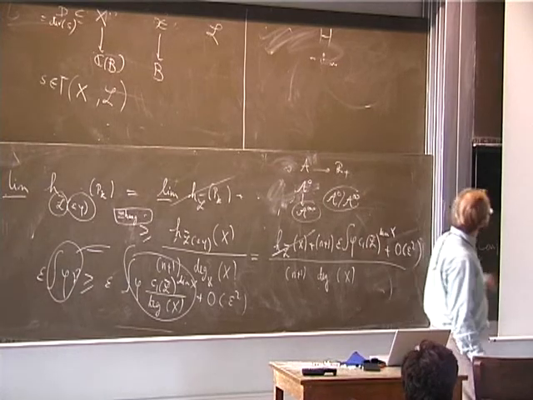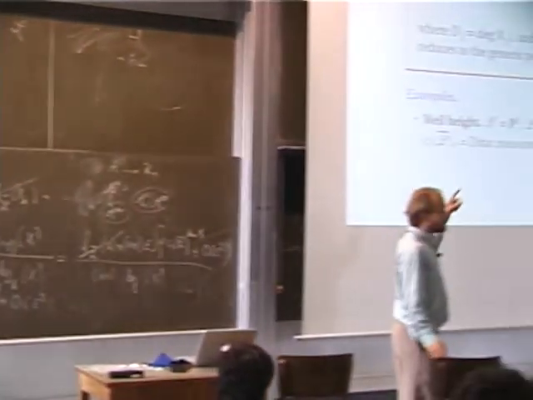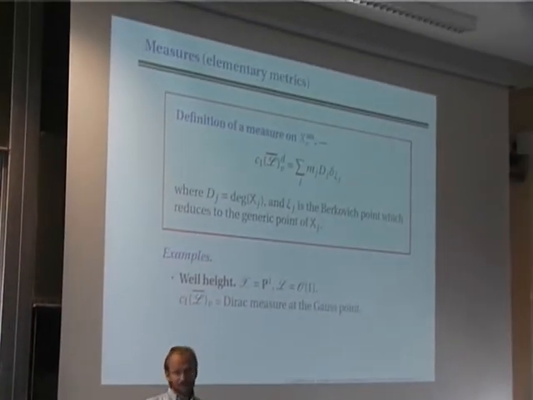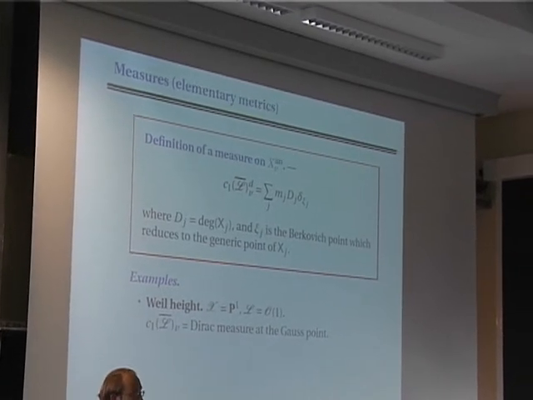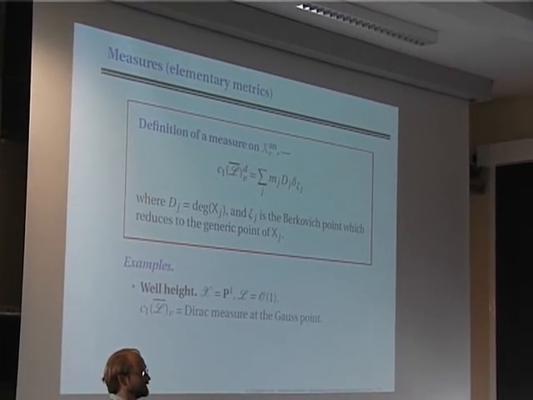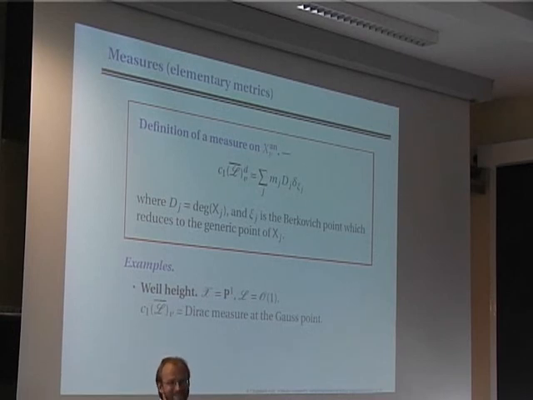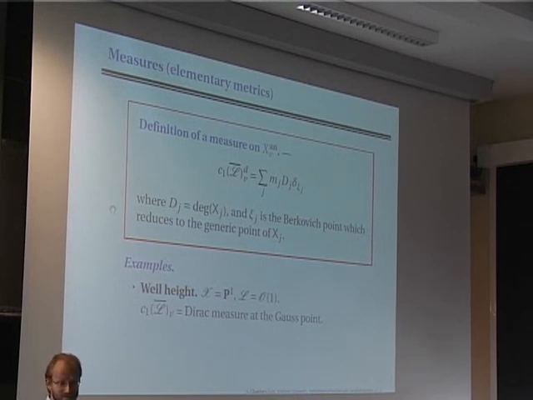So I give two examples. The first example: if you look at the Weil height, it is just given by the standard embedding of P1 in P1. So what is the Zariski closure? It's just P1, you don't do anything. And the special fiber is just P1 over F_p bar. And the degree of the line bundle O(1) is 1.